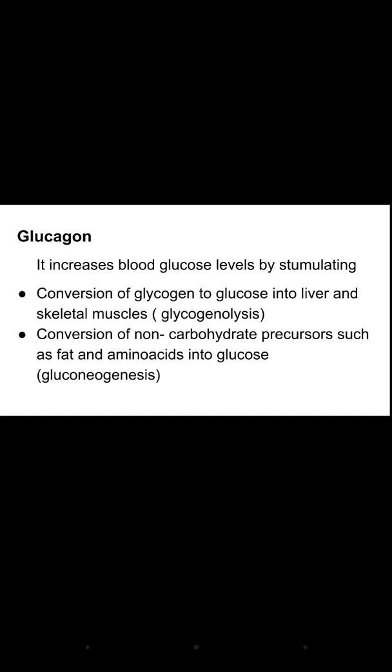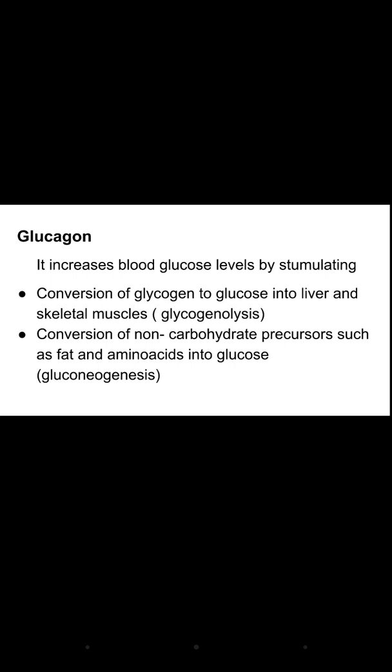So what is the function of glucagon? It will break down the glycogen into glucose. So the glycogen will break down and form glucose, and this happens in the liver and the skeletal muscles. Second, it does gluconeogenesis.